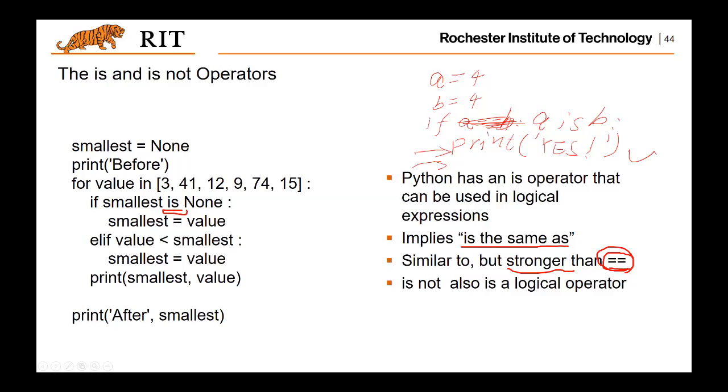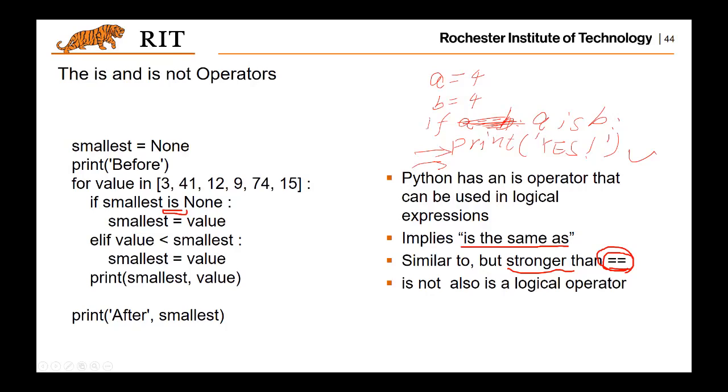This condition will be satisfied only if A and B are the same object. So it will never be the case. They have the same value, but A and B are two variables, and they are not one variable. So this is not the case. That is what the is operator does.